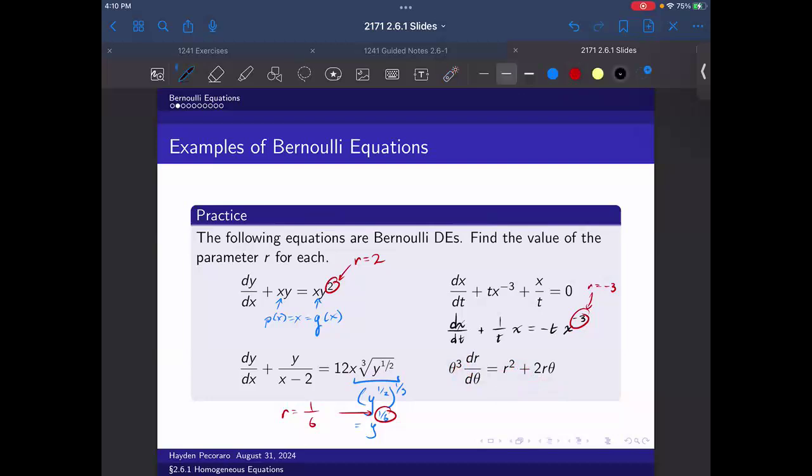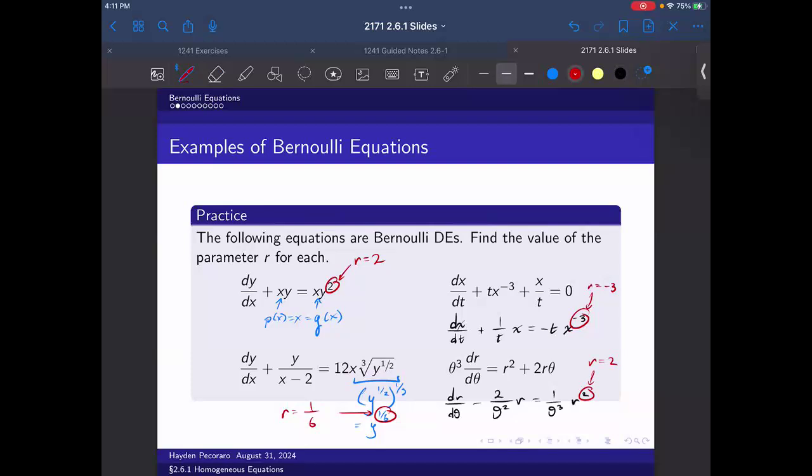So if we rewrite this, we have dr/dθ equals, not equals, sorry, plus 2 over theta squared r equals, and again, that's not plus, that's minus. Can't do algebra today. Equals 1 over theta cubed r squared. There's our value of r, which is again equal to 2.